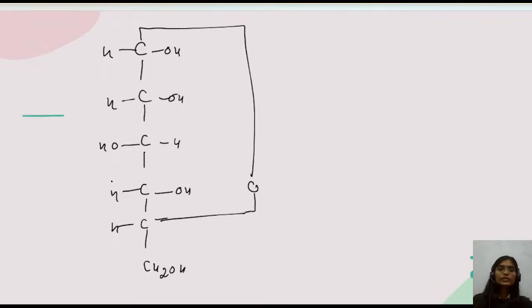Now this structure, let me tell you how: we are actually rotating the structure like this.